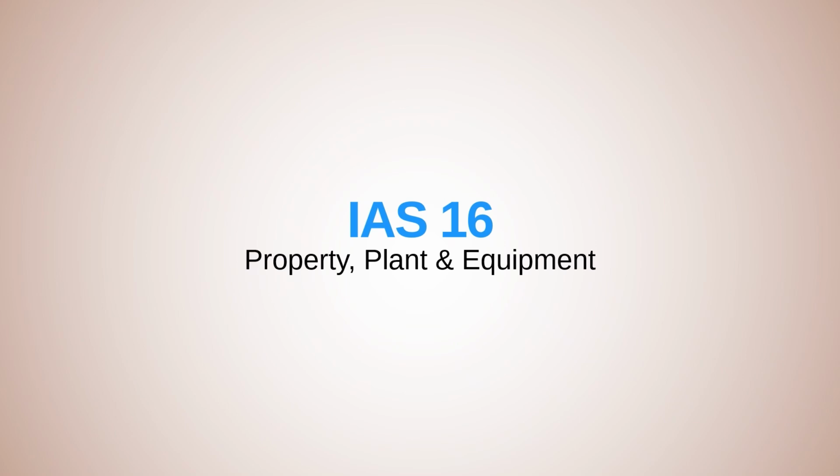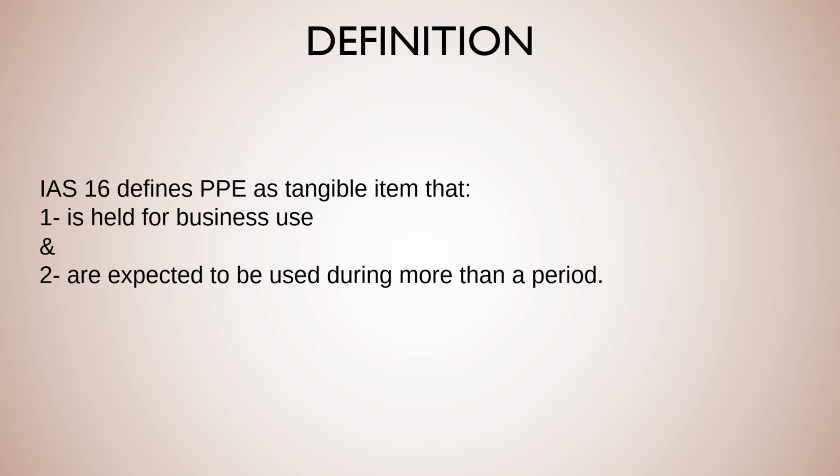So today's topic is IAS 16 Property, Plant and Equipment. IAS 16 defines property, plant and equipment as tangible items that are held for business use and are expected to be used for more than a period. For property, plant and equipment to be recognized as a tangible item, it should meet two criteria.